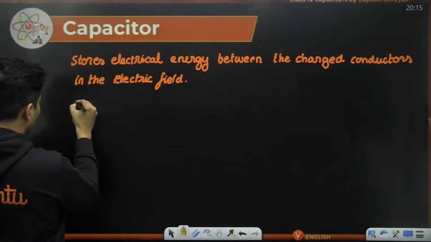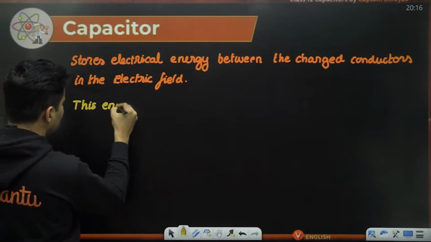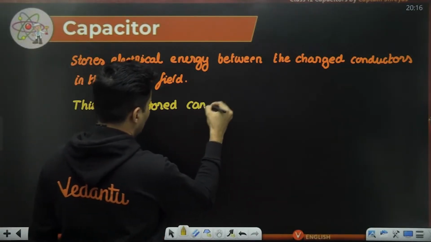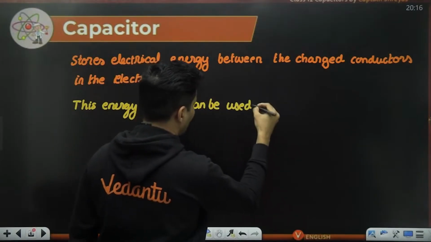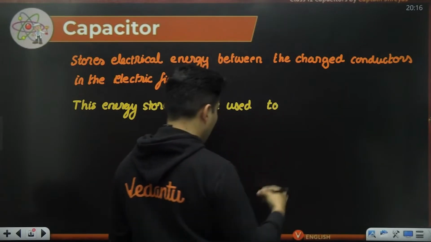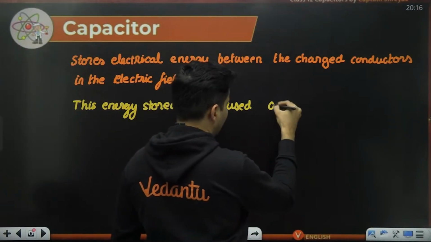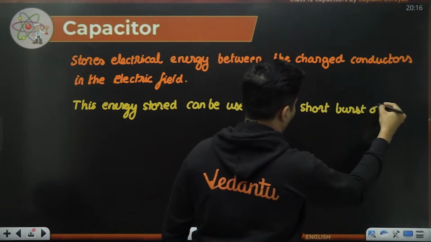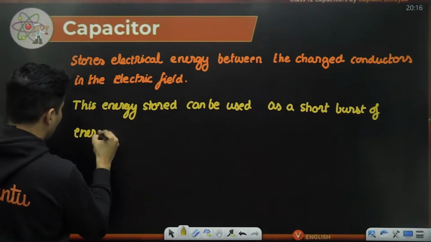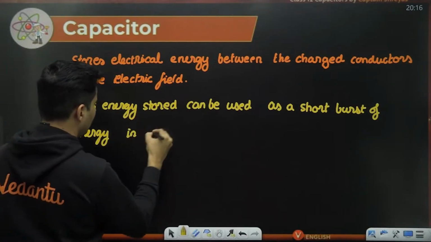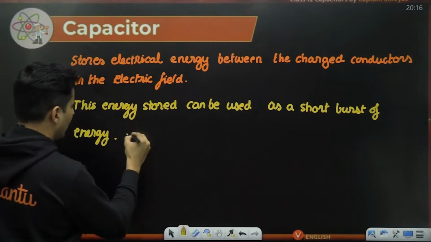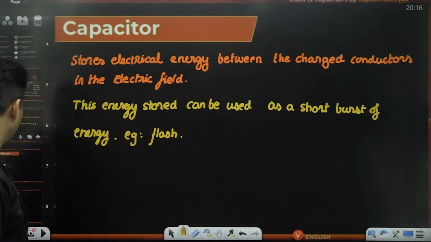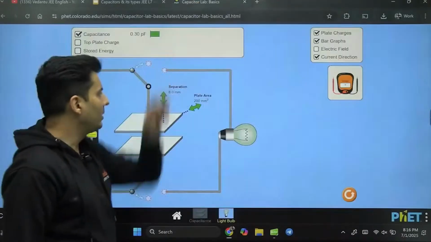What is a capacitor? This energy stored can be used as a short burst of energy. Example, a camera flash, right? So let me show you the demo of that right over here.